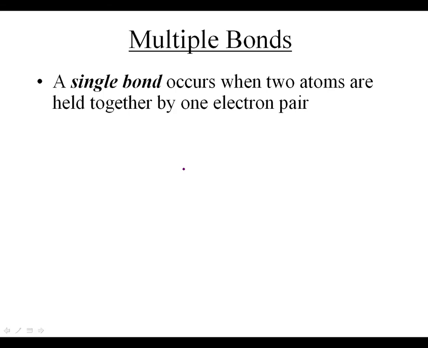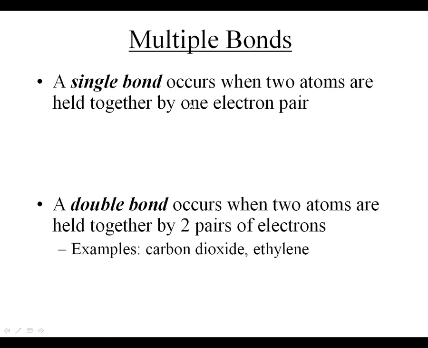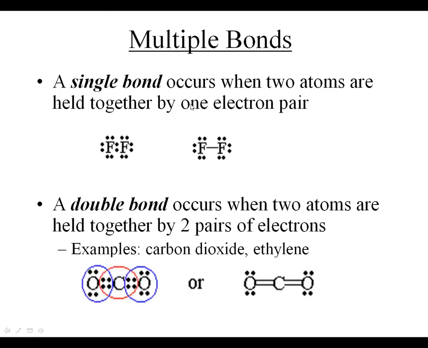So we sort of covered this earlier, but just to reiterate, there are different types of covalent bonds. The first one up there on the screen is our single bond. And you can represent the single bond 1 of 2 ways, like we talked about. If you want to do dots, you can do dots. Or if you want to do lines, 1 line represents a single bond.